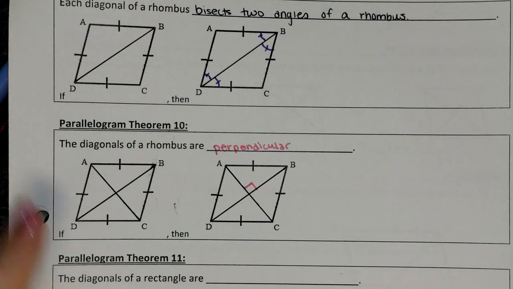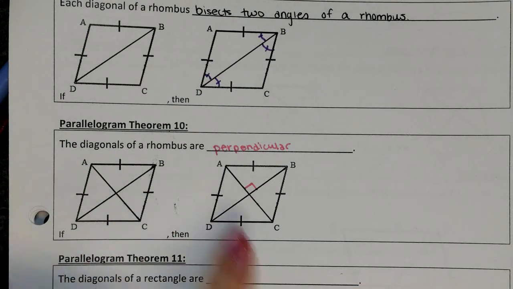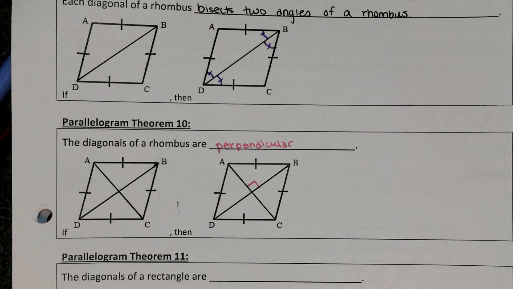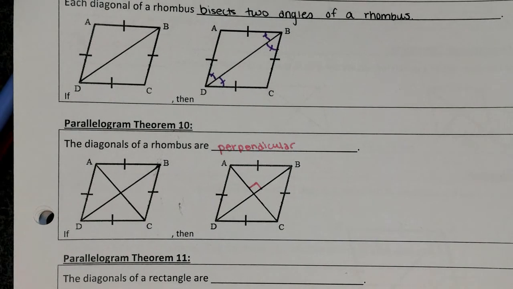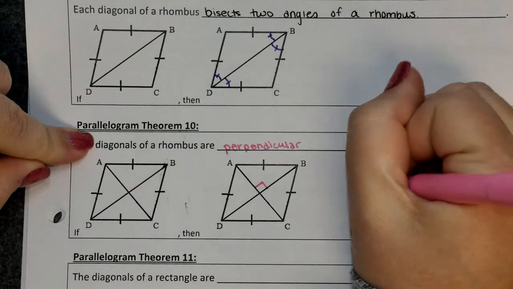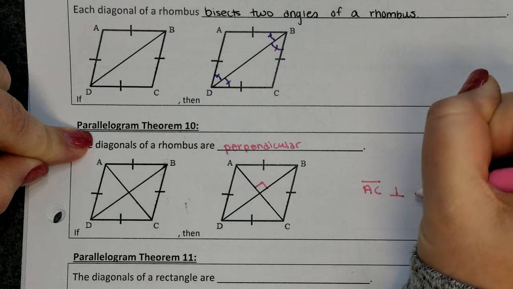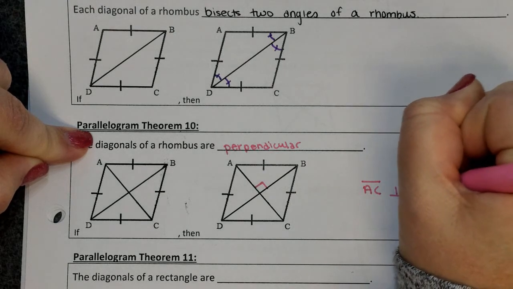So if we have diagonals drawn in on a rhombus, they're also perpendicular. Okay? So we could write that out as segment AC is perpendicular to segment BD.